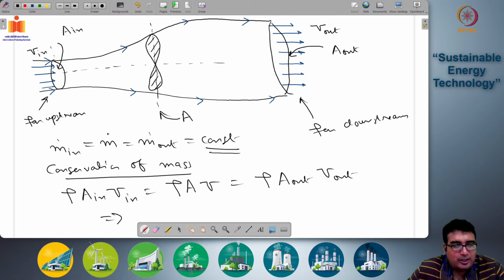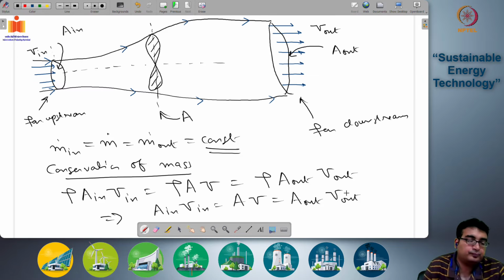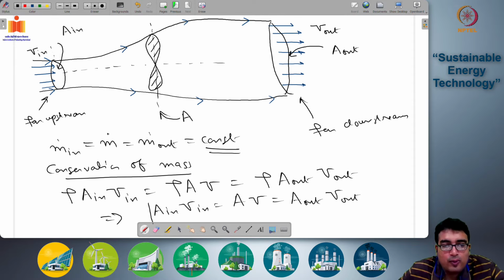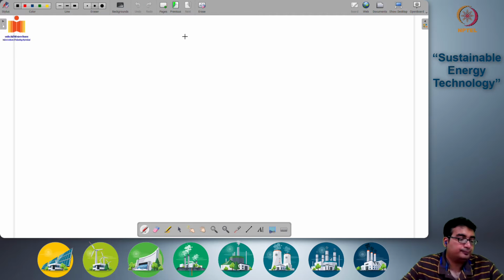Since density is constant, what this means is A in V in equals A V equals A out V out. Correct. So this is one relation based on mass conservation. Let's look at what we do further.